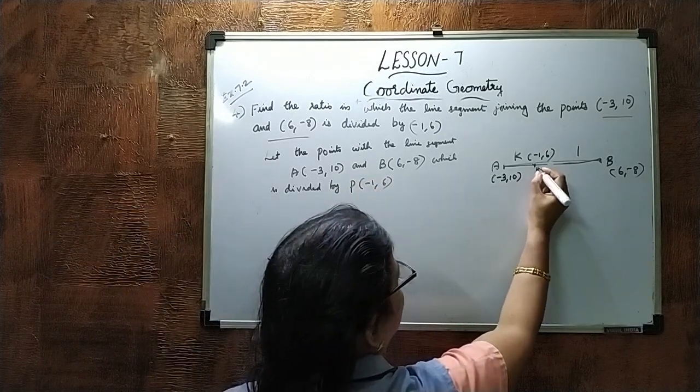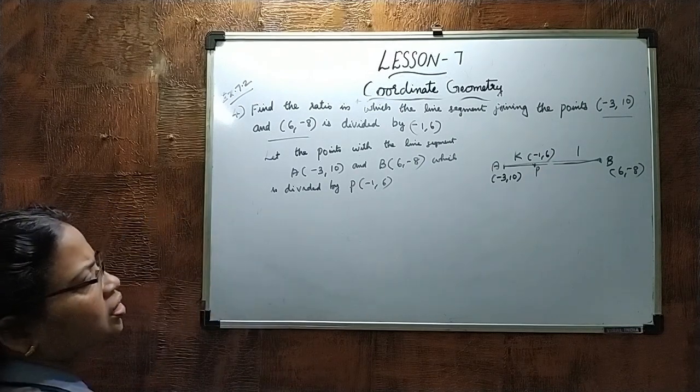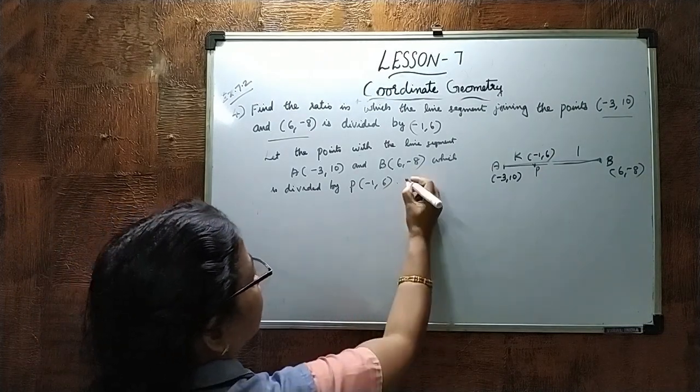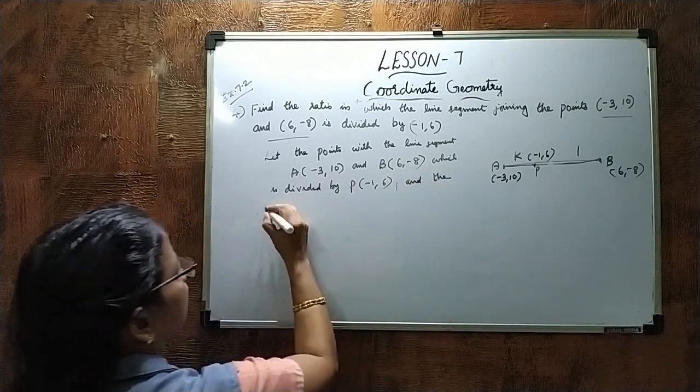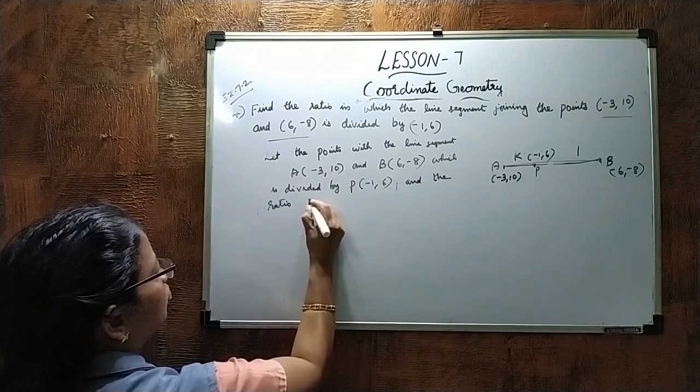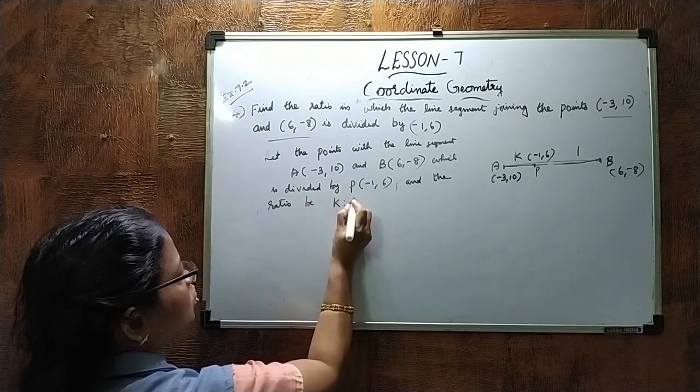So this is the point P. What is the next one then? Let the ratio be K is to 1.